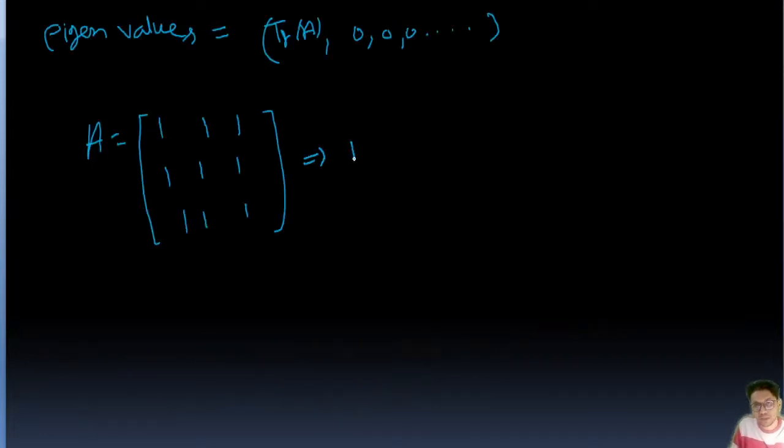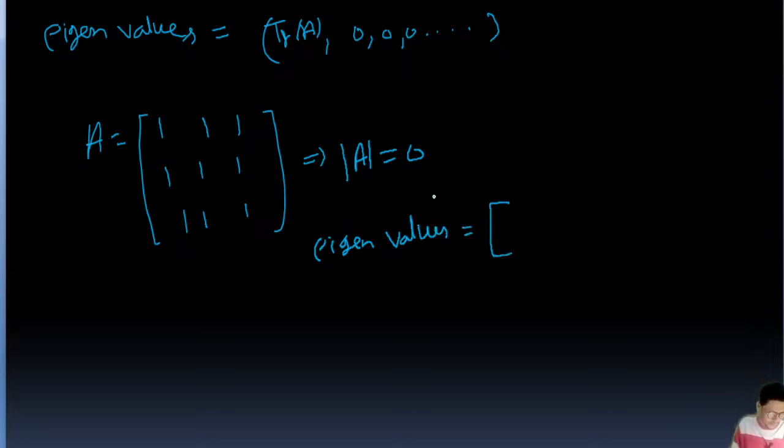It means determinant of A equal to 0, and the eigenvalues are going to be trace of A, that is the sum of principal diagonal elements.